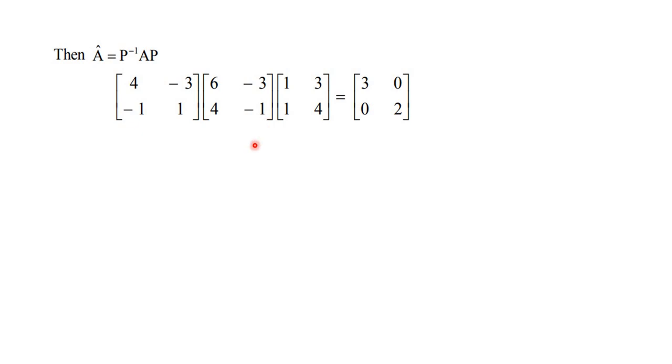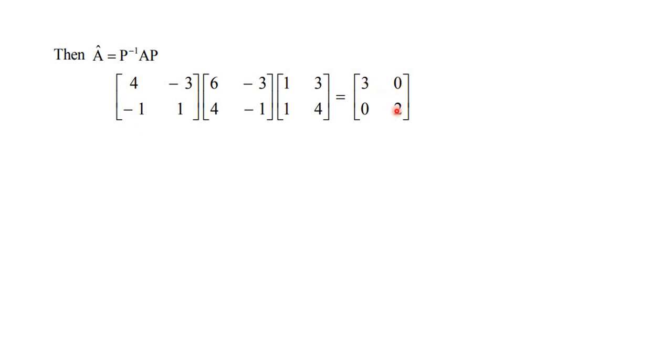Now we have to verify the eigenvalues of A and A cap, and since A and A cap are similar matrices, the eigenvalues are the same.